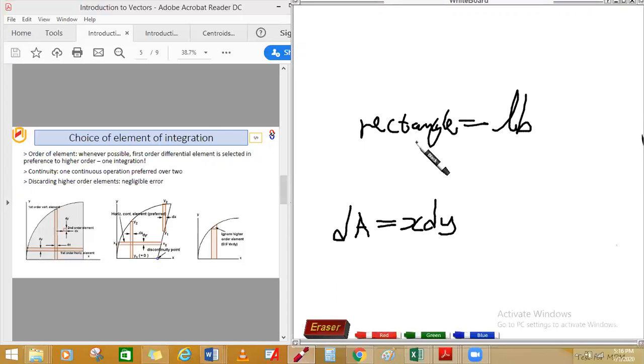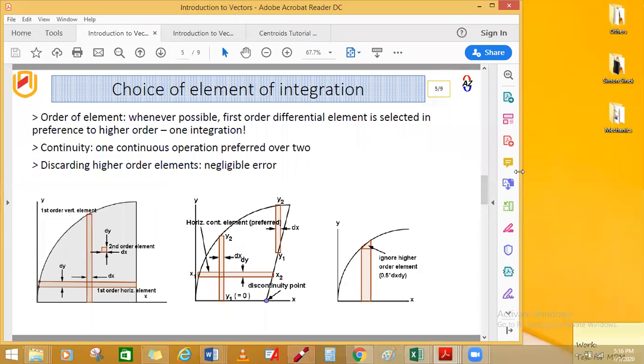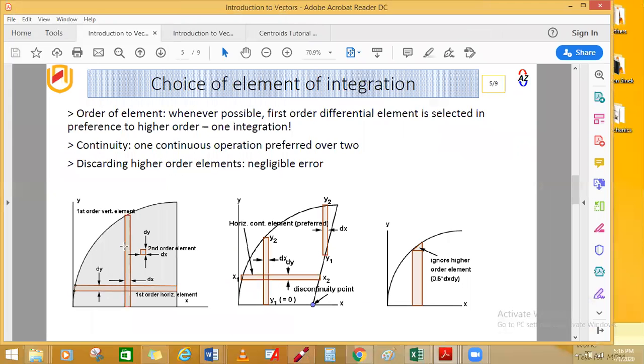So what they are saying here is, when you are choosing the small area, that element that you'll be integrating with, whenever possible, you need to focus on a first order differential element, the one that will give you a first order equation. You need to choose, by all means, to take that one.